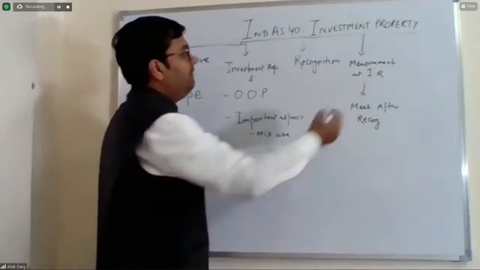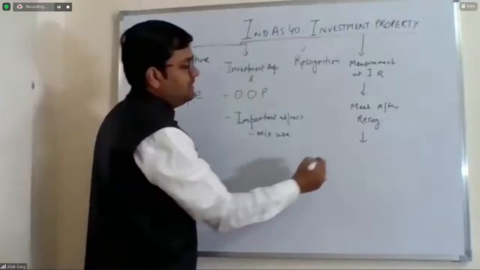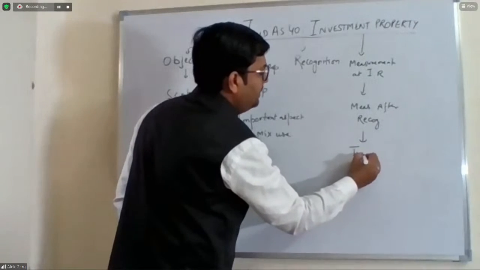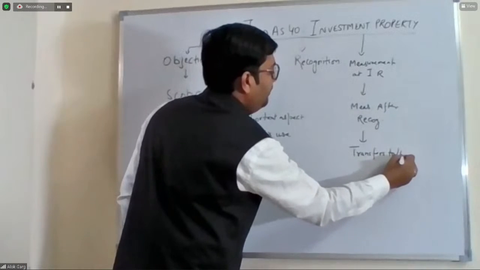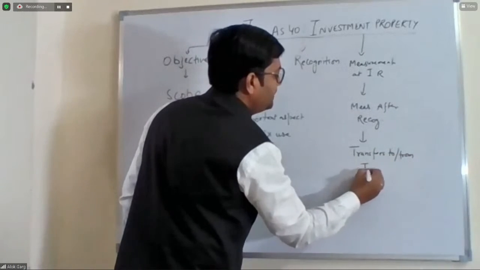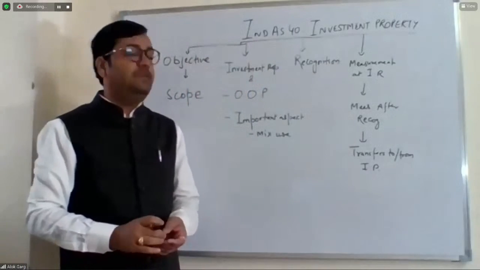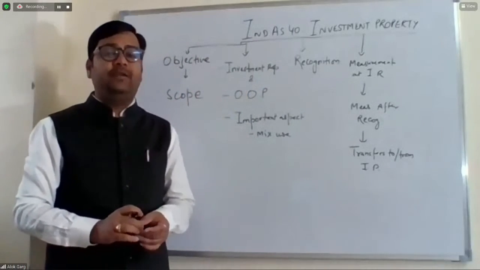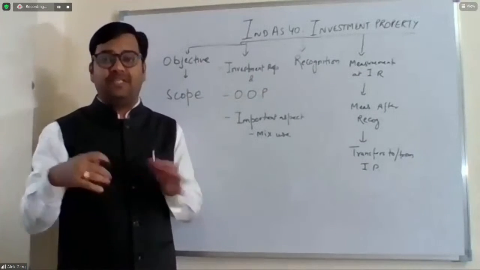Then we will be discussing transfers to and from investment property. For example, there is a building which has been classified as property, plant and equipment. Why? Because the company was using that building for business purposes.